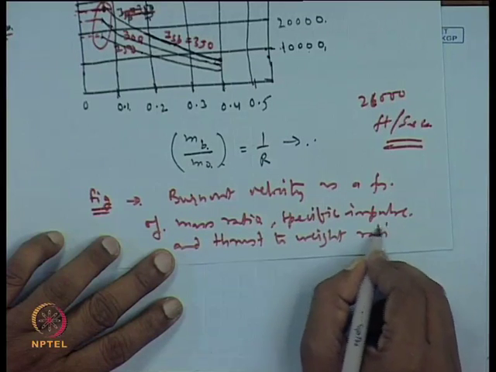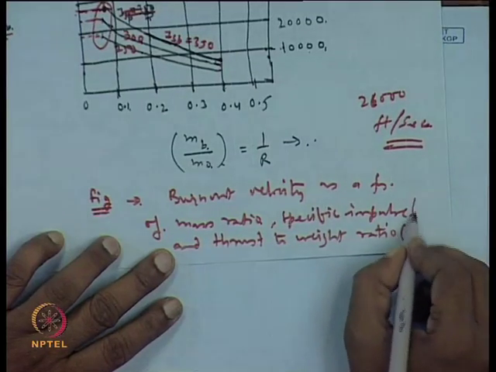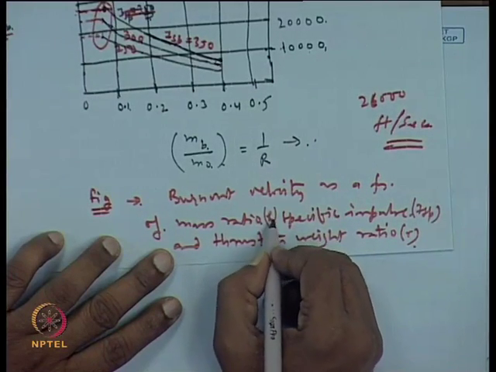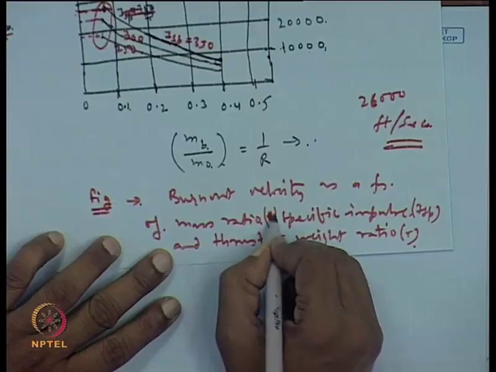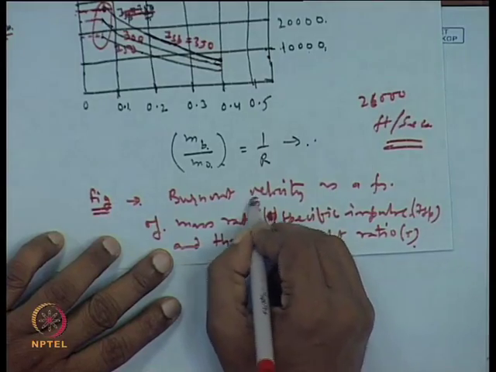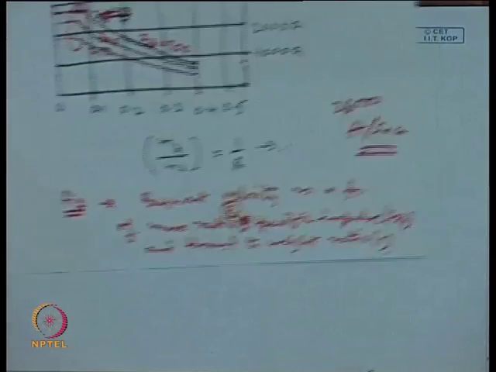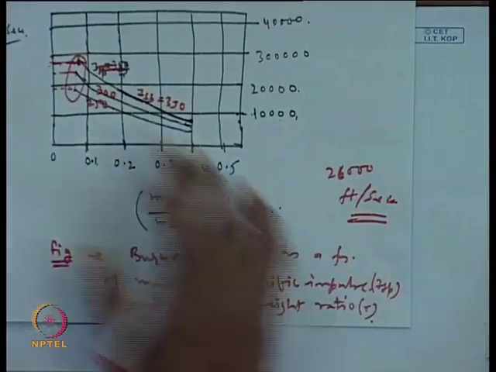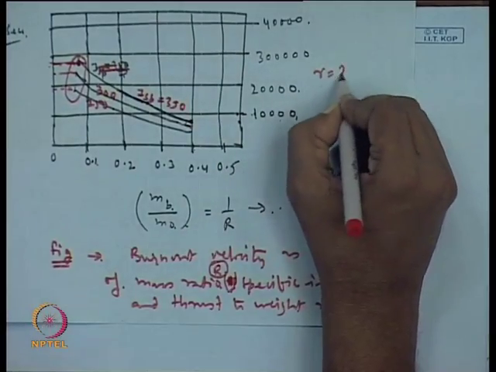This is ISP, the mass ratio we have written as capital R, and in this case R has been chosen as R equal to 2.